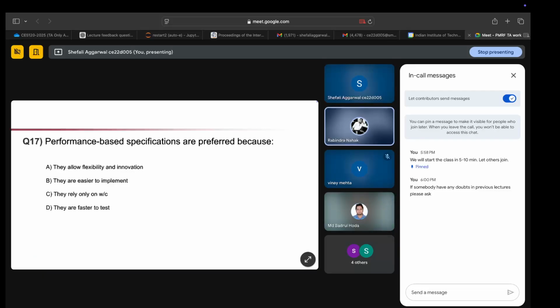D. D. A. A. So the answer is A. In performance based specification we are doing various lab based test methods, which allows us to have more flexibility in the system. Instead of just restricting us to a particular thing, we have more testing, which gives us more chances of understanding your system better.